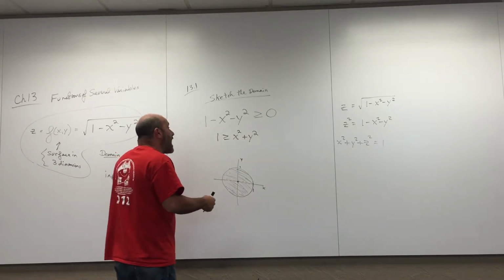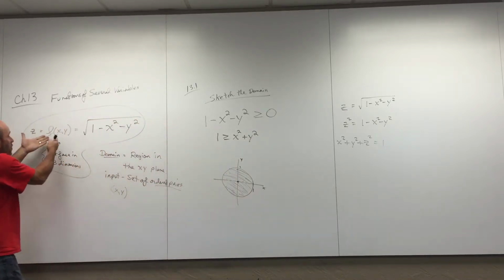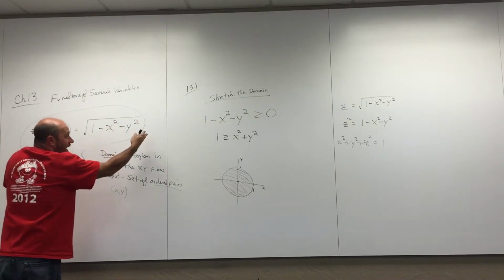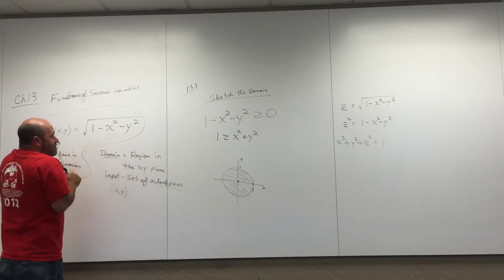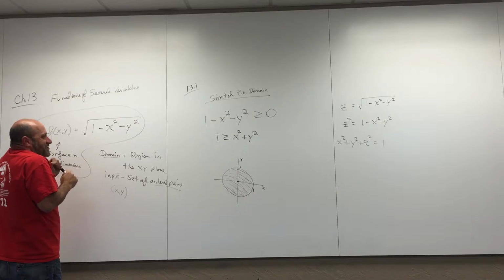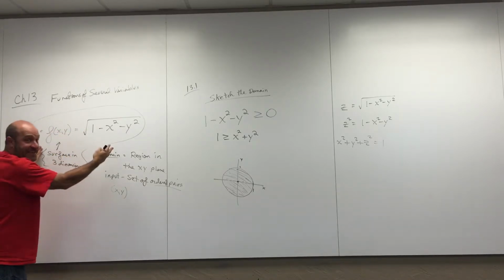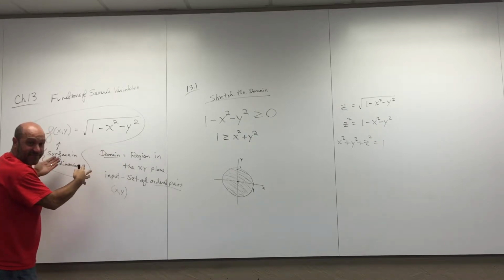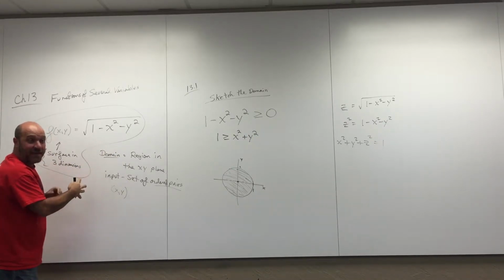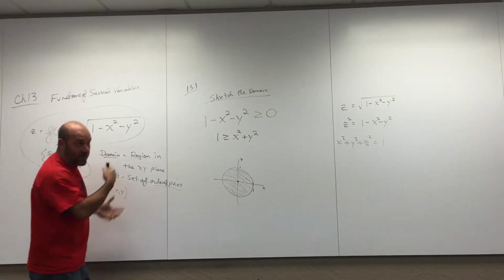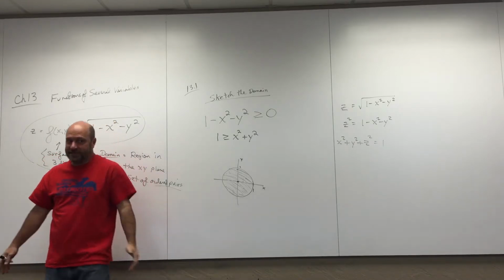That's true. I guess we're writing this as z equals a function of x's and y's. That's why, you can change the names of the variables. You could write y as a function of x's and z's and look at a different looking domain, but it would be the same domain in this case.